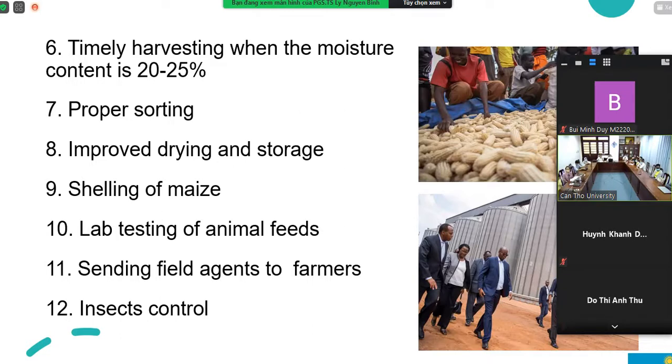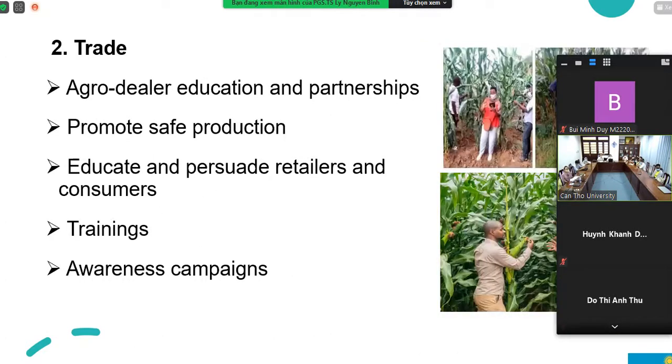On trade, we have to sensitize agro dealers because they play a great role in the circulation of maize produce. They cannot buy maize that is affected by aflatoxin.